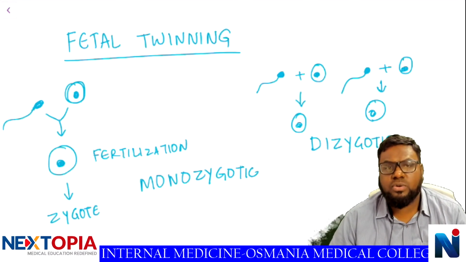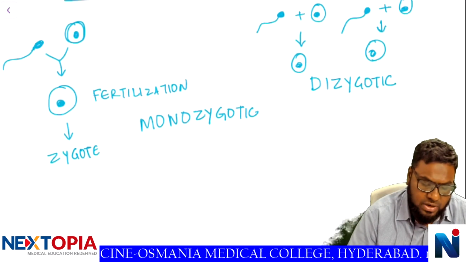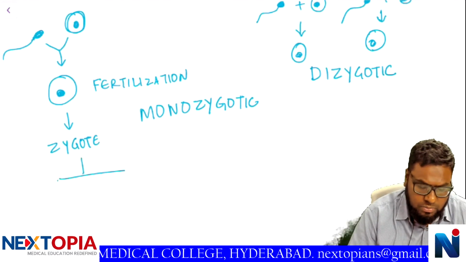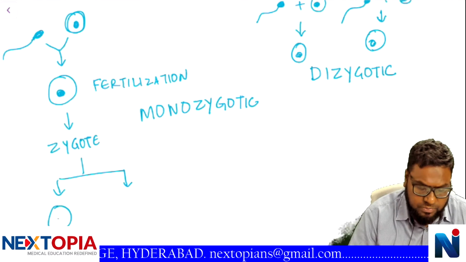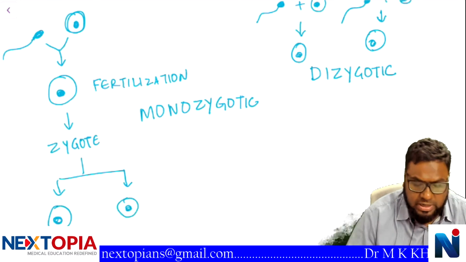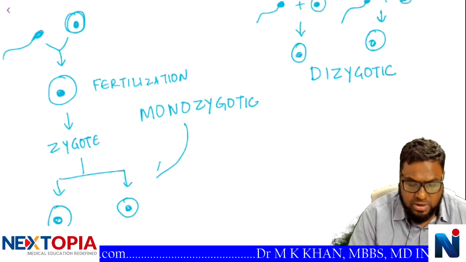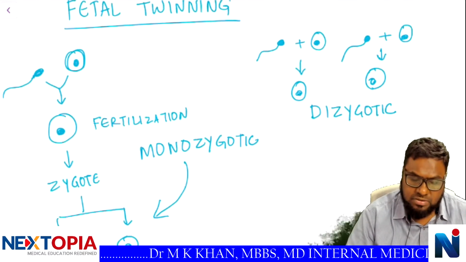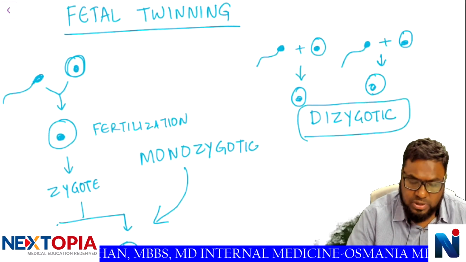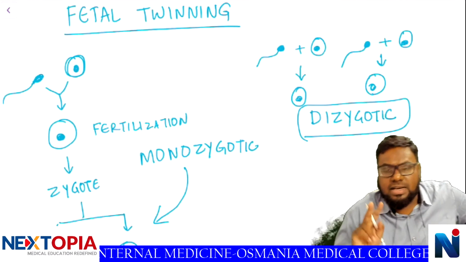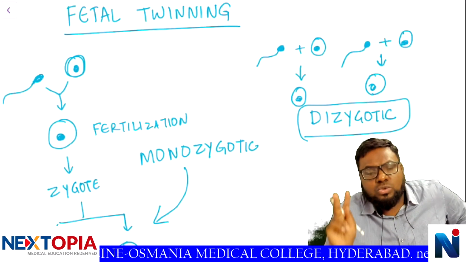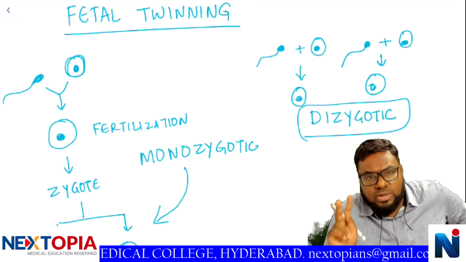So there are two types of twins. If this zygote divides into two zygotes, here you have a twin pregnancy, you are calling it a monozygotic twin pregnancy. Whereas in the second case, dizygotic means two separate acts of fertilization occurring. Two separate fertilizations, two separate zygotes, you are calling it dizygotic.